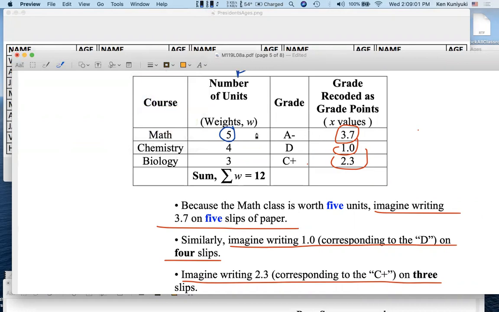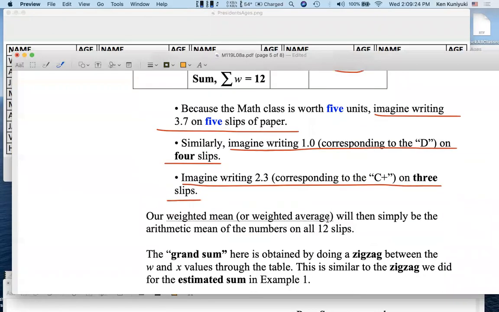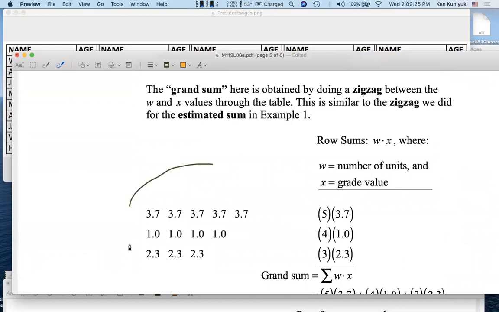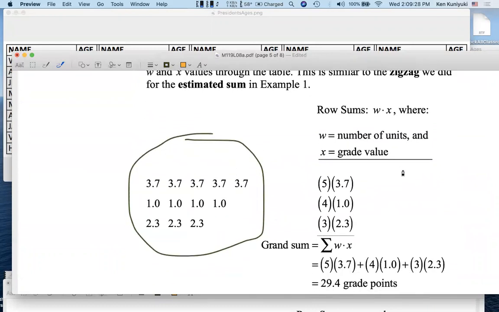It's this times this, plus this times this, plus this times this. There are various orders you can do it in, but bottom line, it's 5 times 3.7 plus 4 times 1.0 plus 3 times 2.3. It's the zigzag, like what we did with the presidents. And that'll give us the grand sum of the numbers on these 12 slips of paper.